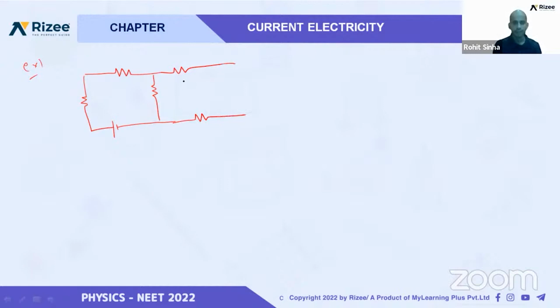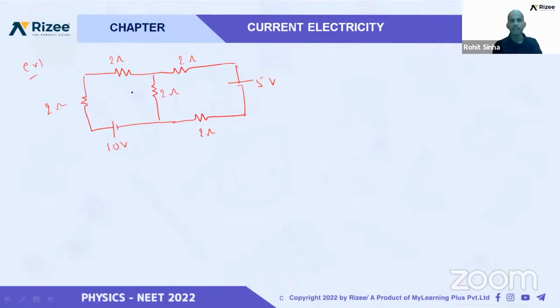Now, let me take a simple one here. It is a 10 volt source. It is having 5 volt. Value of resistance is 2 ohm. It is also 2 ohm, 2 ohm, 2 ohm, and 2 ohm, like this.